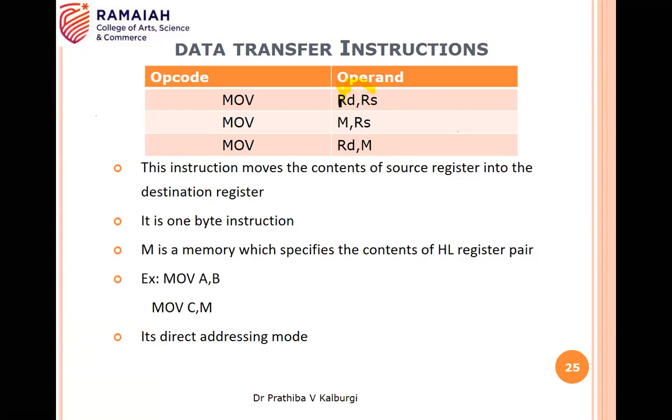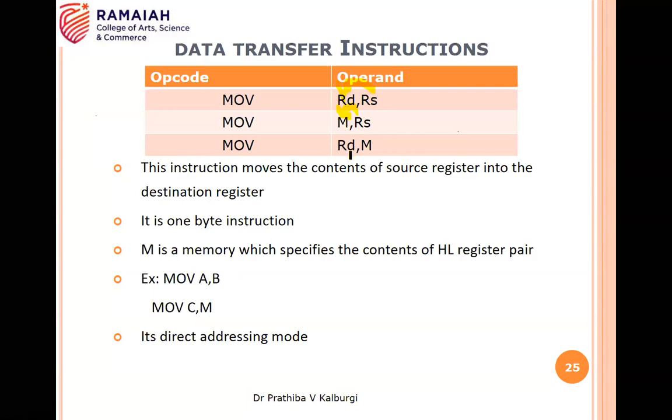And even in your previous one, for the destination registers, you can use all your general purpose registers. So in this case again, you're going to use your source register. The content of your source register will be moved into your M register. So what is this M? M is a register which is going to point to your HL register pair.